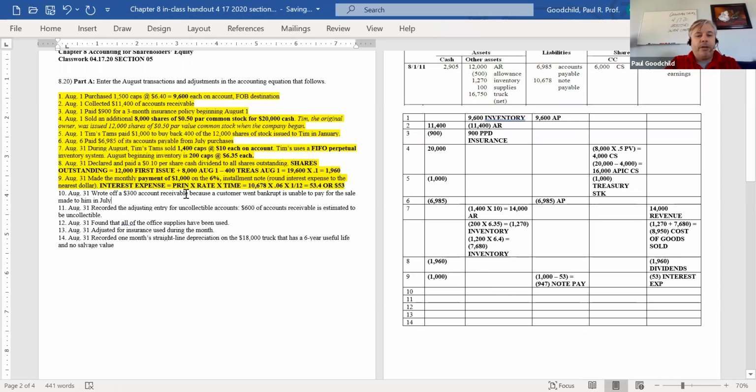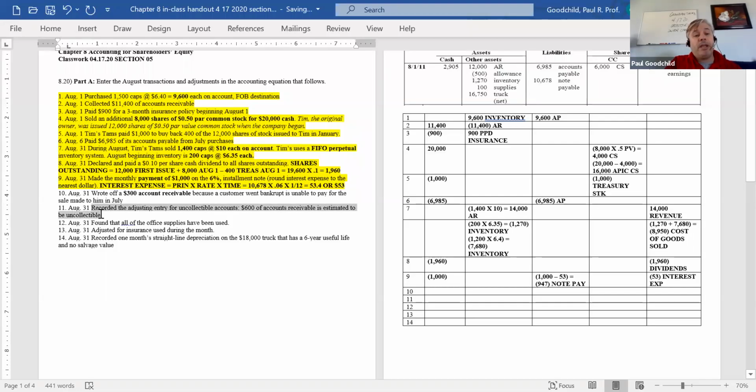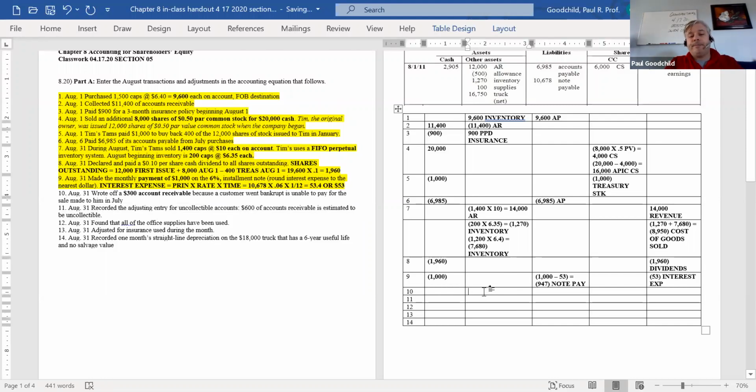Wrote off $300 accounts receivable because a customer went bankrupt and is unable to pay for the sale made to him in July. So we have $300 accounts receivable. And what we see from the next sentence is that we're actually making estimates for uncollectible accounts. So this isn't a case where we haven't reserved for it, and we can also confirm that because we have the accounts receivable allowance there as well.